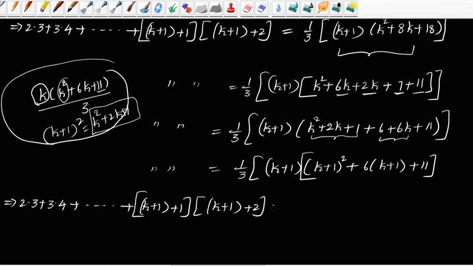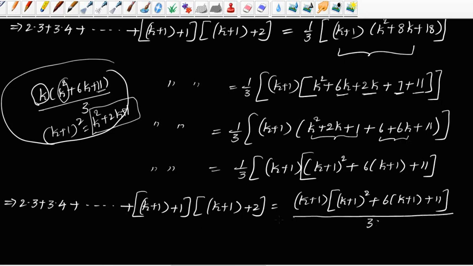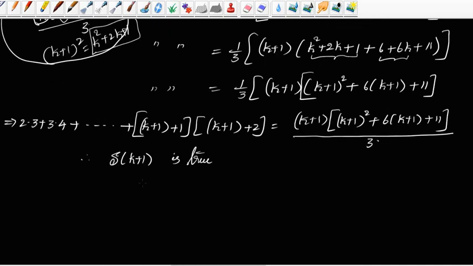Now the right hand side can be written as k plus 1 into k plus 1 whole square plus 6 into k plus 1 plus 11 by 3. Observe that in the given statement, k plus 1 is there in the place of n. Then we say that S of k plus 1 is true.